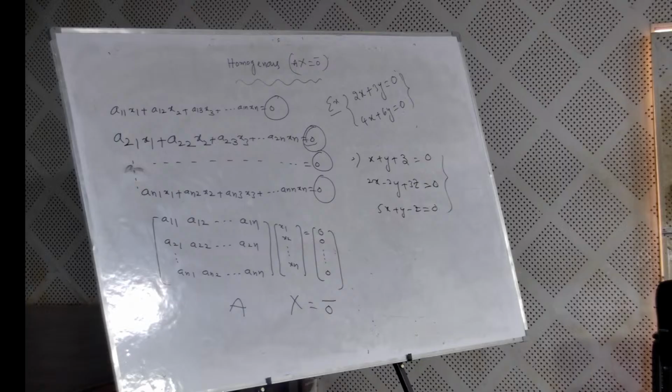In every equation the right side is 0. If the right side is other than 0, that is non-homogeneous. If the right side is clearly 0, that is homogeneous. It is easy to identify what is homogeneous and non-homogeneous.